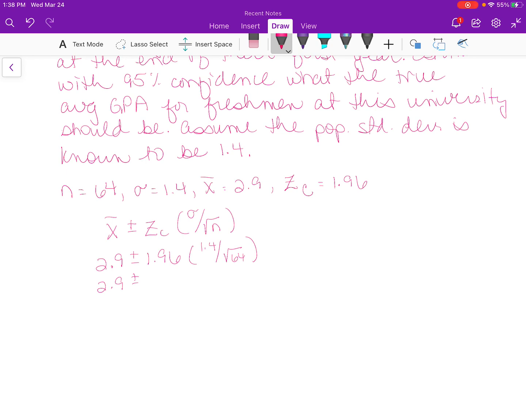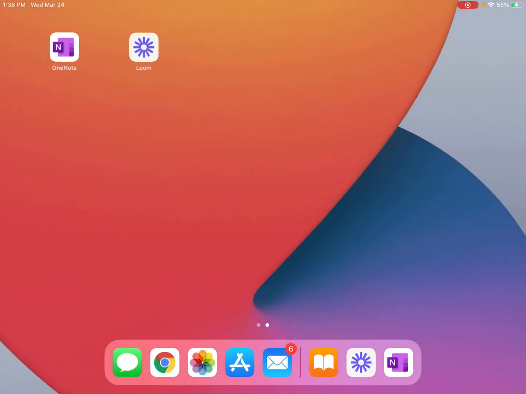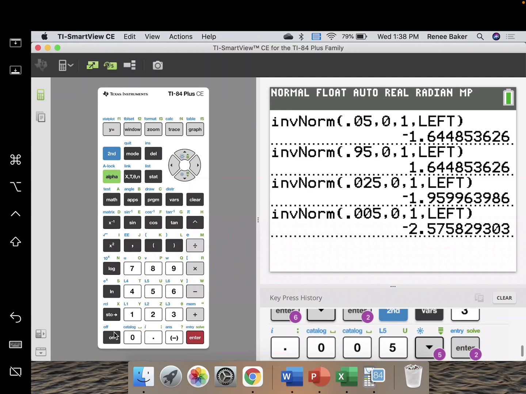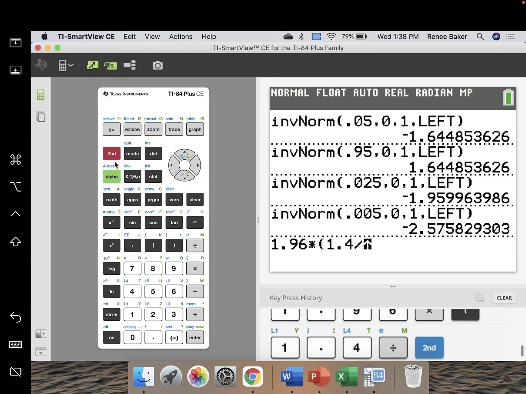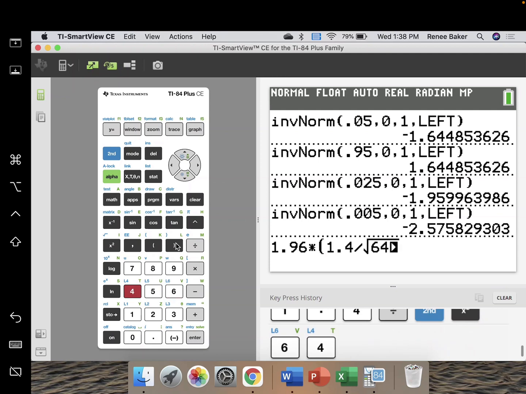So that's 1.96 times 1.4 divided by the square root of 64.